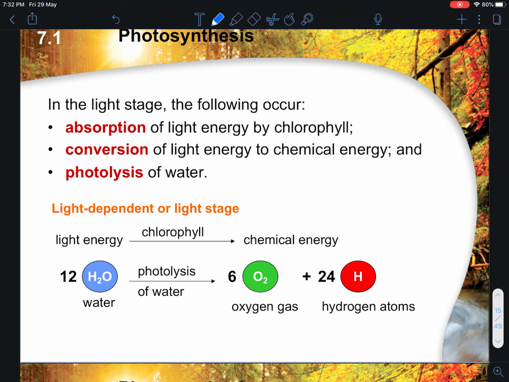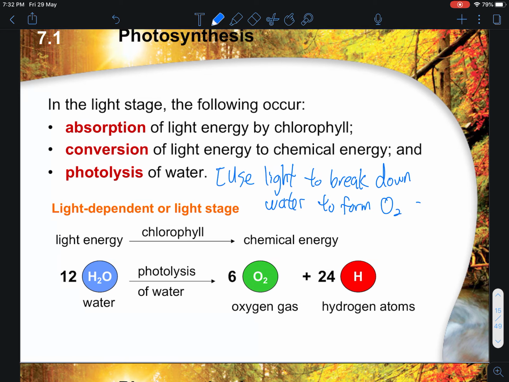Photolysis means you use light to break down water to form oxygen and hydrogen atoms. Okay? In this case, this is already given to you in the equation.